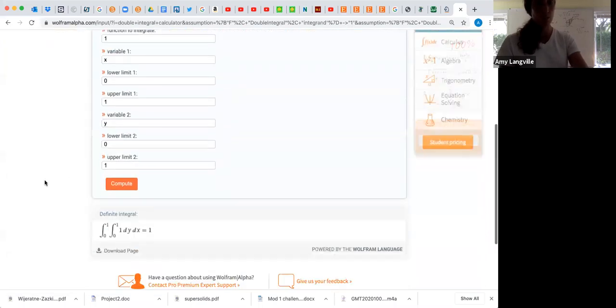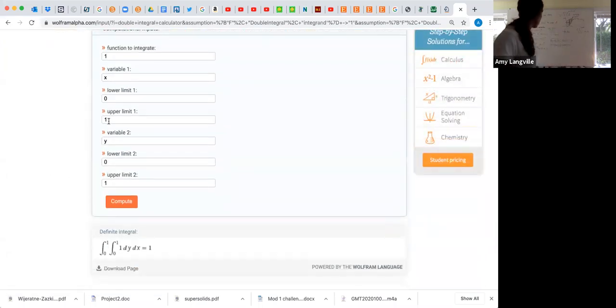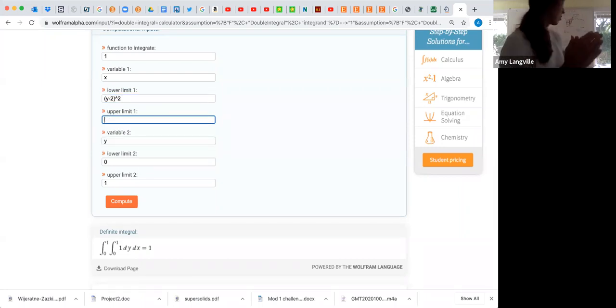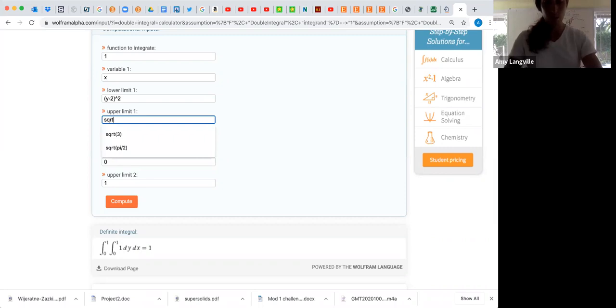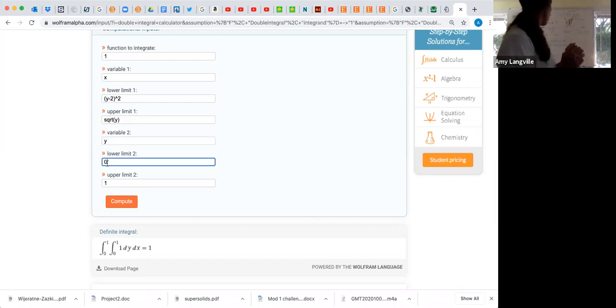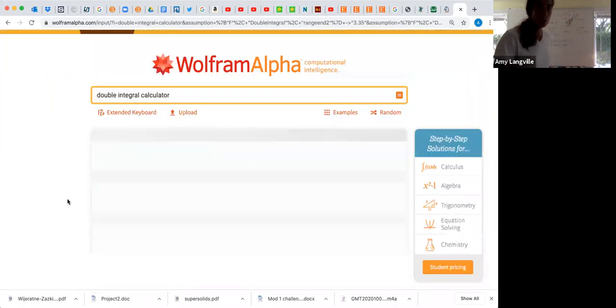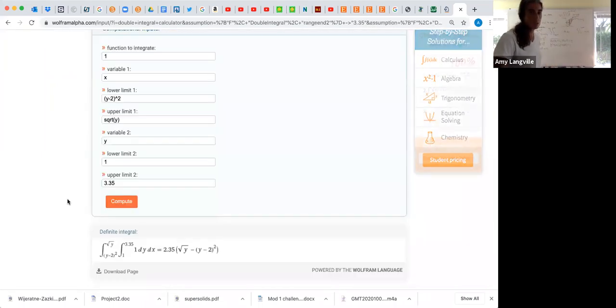So we want to enter our limits of integration, and just to show you again that you can have variables in your limits of integration, we're starting with x. x goes from y minus 2 squared up to square root of y. And then y goes from 1 to 3.35. Again, you carry more decimals, but we're just doing it quickly here to show you how the tool works.